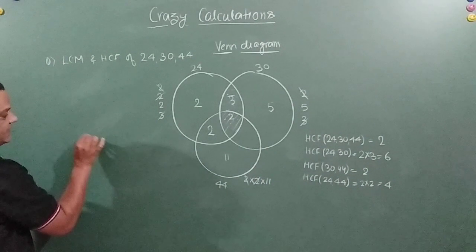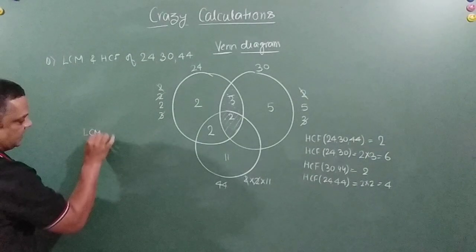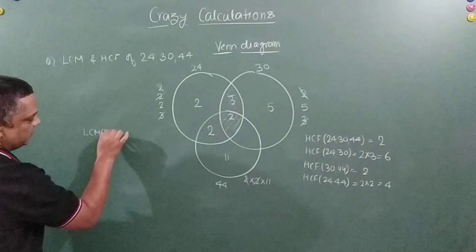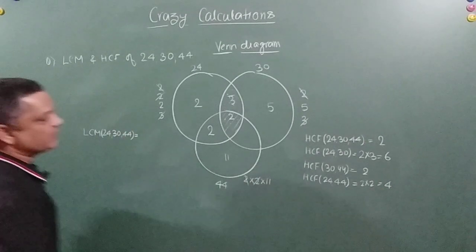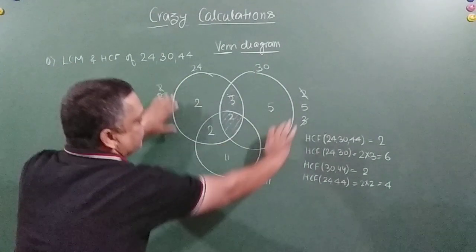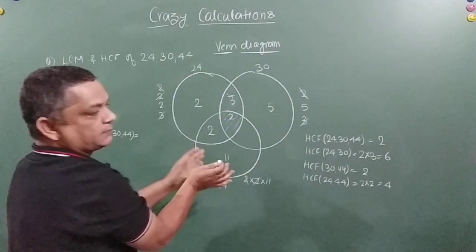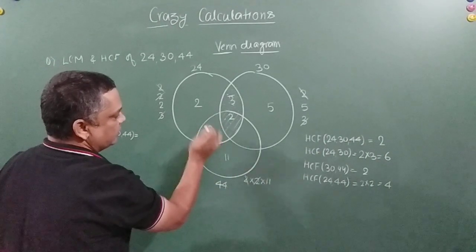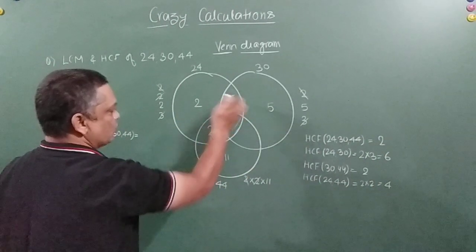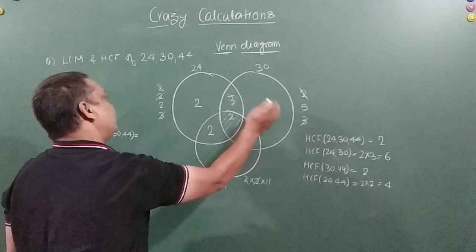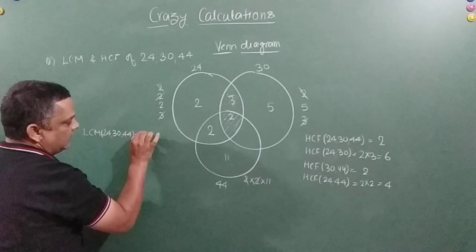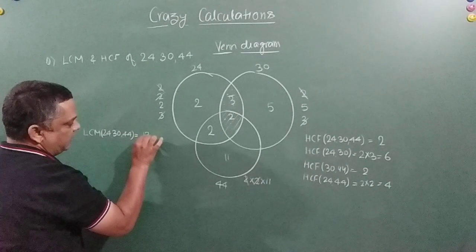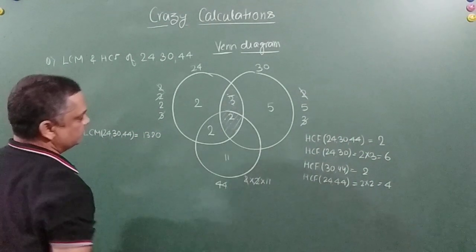Let's do LCM this side. LCM of 24, 30 and 44. How much, my friends? LCM will be the multiplication of all the numbers lying here. So 2 into 2 into 2 is 8, into 3 is 24, into 5 is 120, into 11 is 1320.